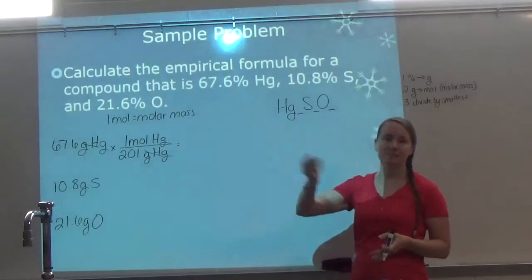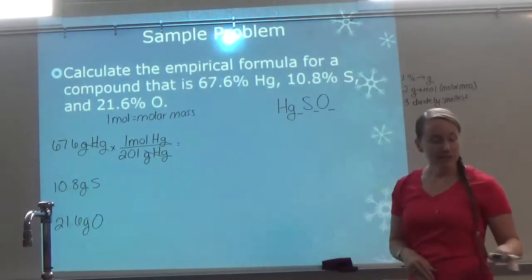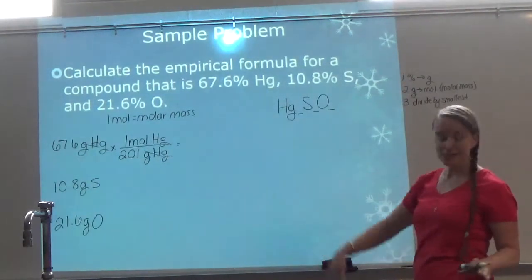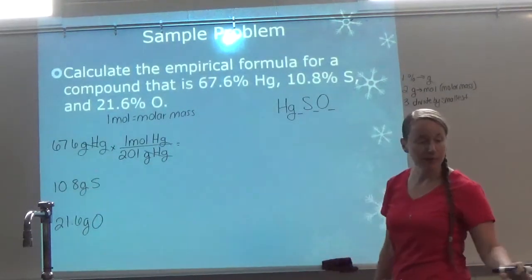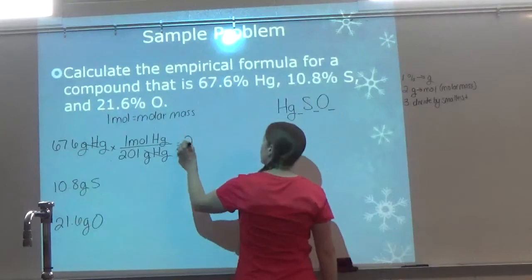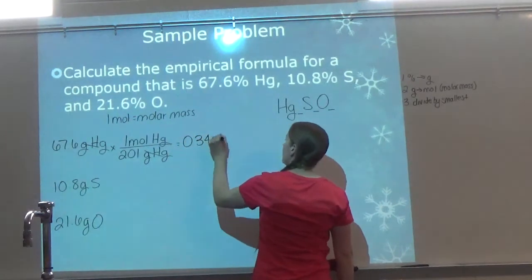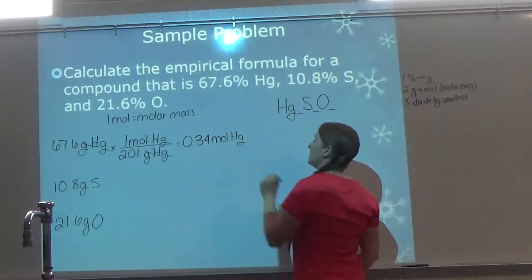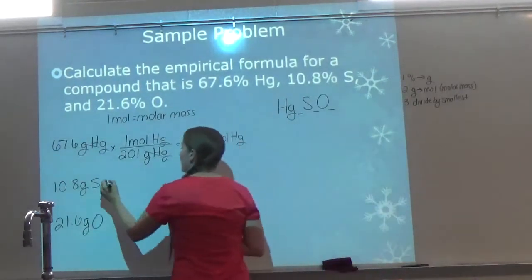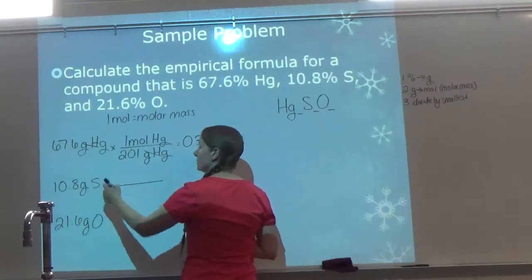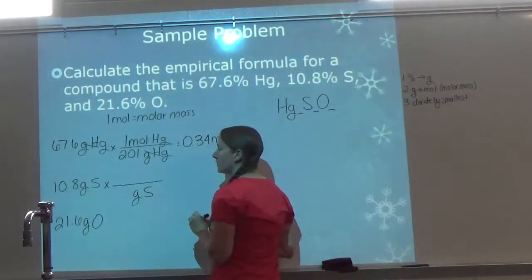What you'll do is just divide each one by its mass on the periodic table. So we do 67.6 divided by 201 because, of course, that is one on top, one on bottom, and we get 0.34 moles of mercury. See, I changed it from grams to moles. And we just do the same thing. For sulfur, grams of sulfur is on top, so grams of sulfur goes on bottom.